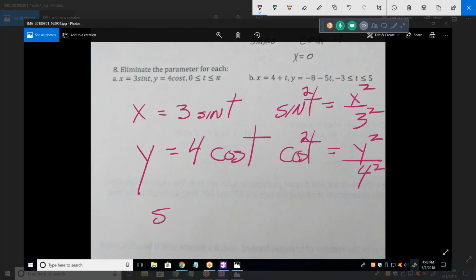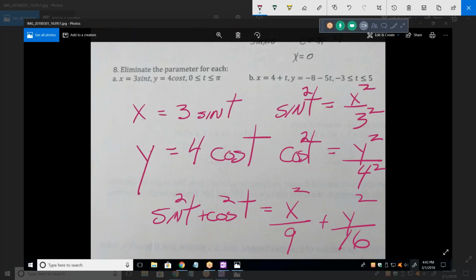So here's what I get. Sine squared of t plus cosine squared of t equals x squared over 9 plus y squared over 16. Well, what's your trig identity for sine squared plus cosine squared? That's 1. Correct. So I'm going to replace that whole thing with 1.